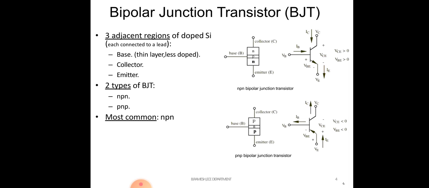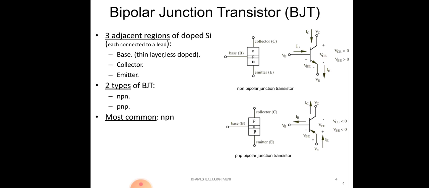And when you see the size, the collector region has a larger size compared to emitter and base. And the base region is lightly doped, and its size is also very small. That's why we can say thin layer, and lightly doped. Compared to collector, the emitter region has a smaller size.